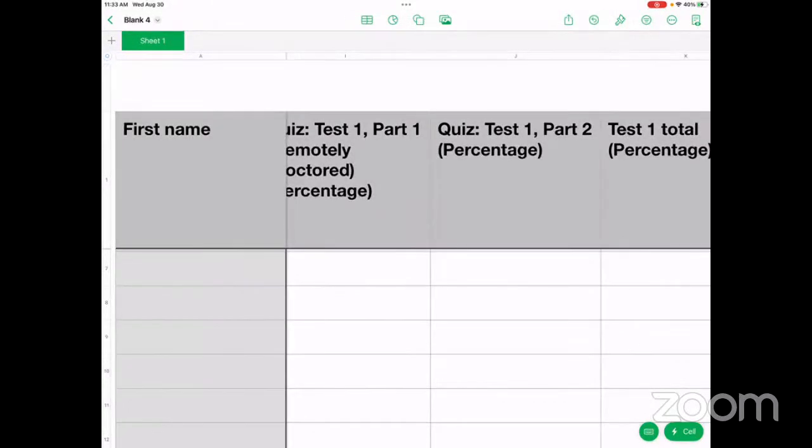Now, test 3 and test 4, I think those are one-shot deals, but at least you can recover points on test 1, test 2, and the midterm. That's huge. Additionally, there's partial credit available on part 1.